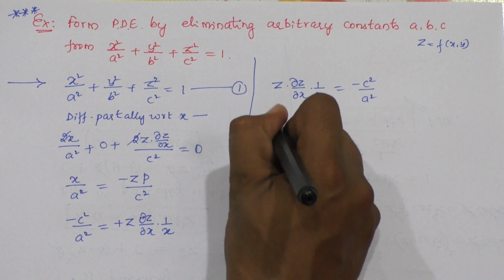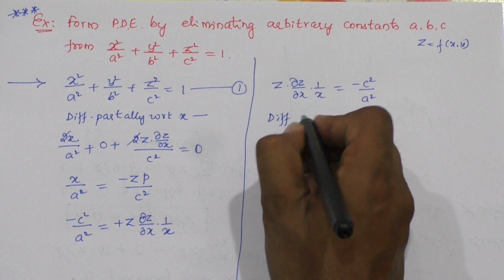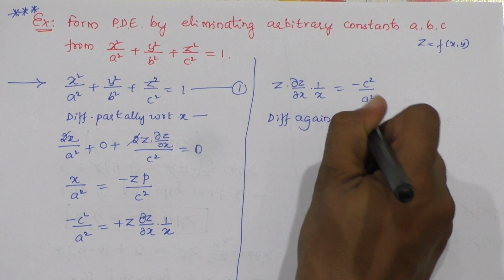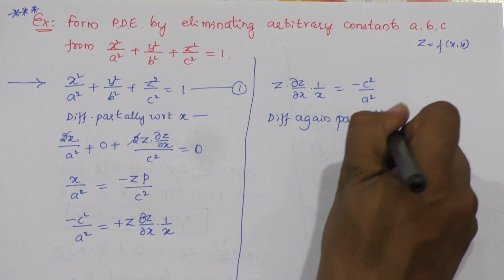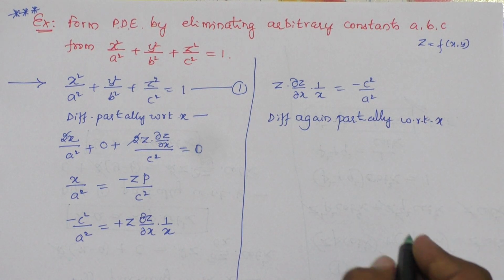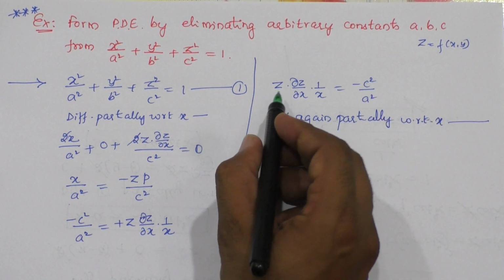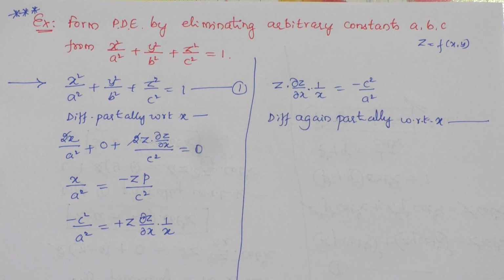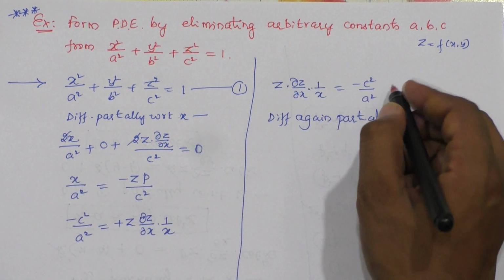So differentiate again partially with respect to x. Look at the term z, dou z by dou x, 1 by x. It is of the form UVW.